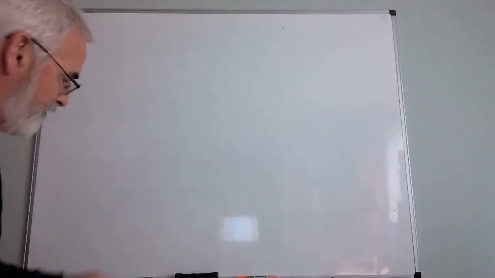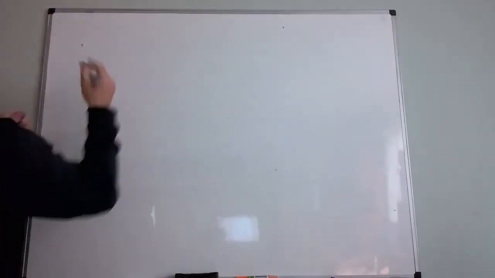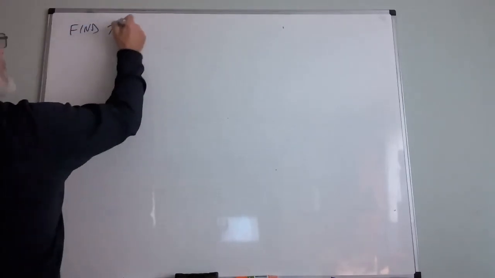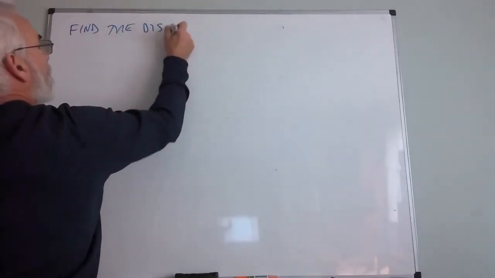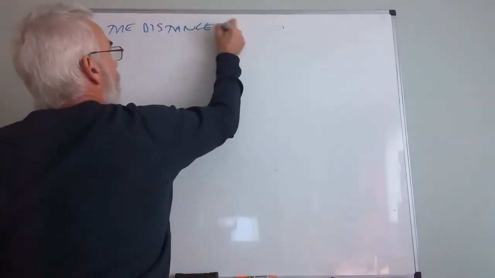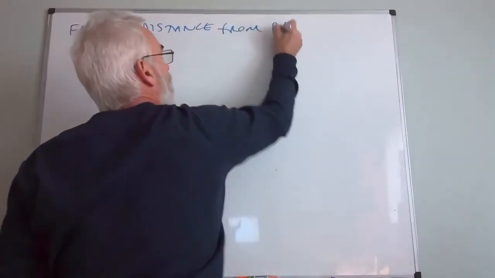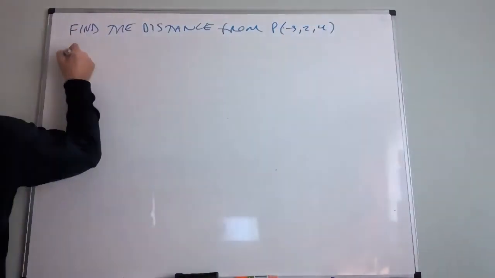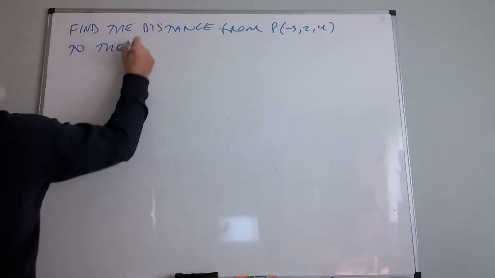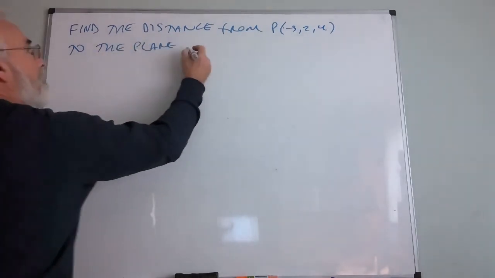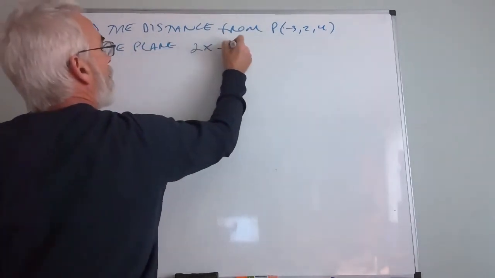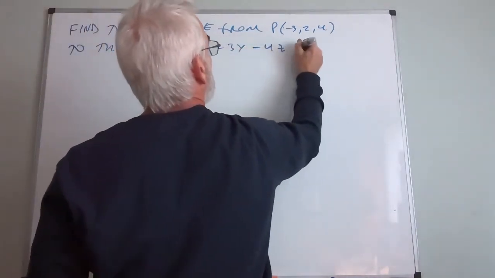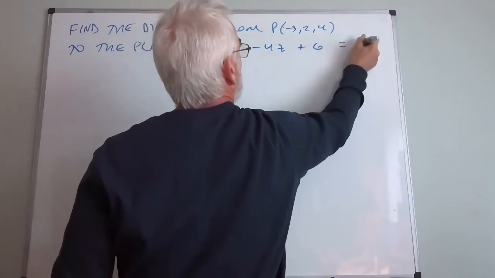So let's say we want to find the distance from the point P, let's say -3 to 4, to the plane 2x minus 3y minus 4z plus 6 equals 0.